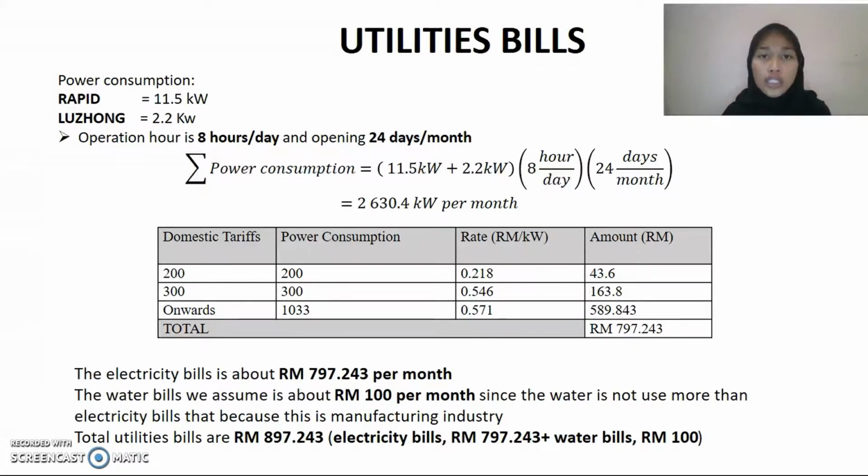So the total utility bill is 897.243, which is the sum of the two bills, water and electricity.